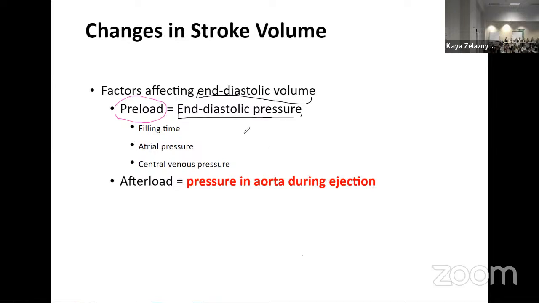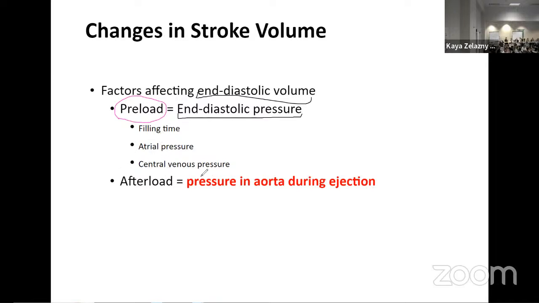Okay. So that end diastolic pressure is going to be affected by filling time, by atrial pressure, and by the pressure of the veins going into the heart. If you have longer to fill, you can put in more blood. If you have lower pressure in the atria, you can fill with more blood.